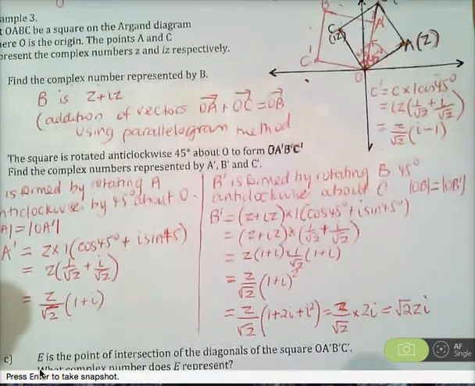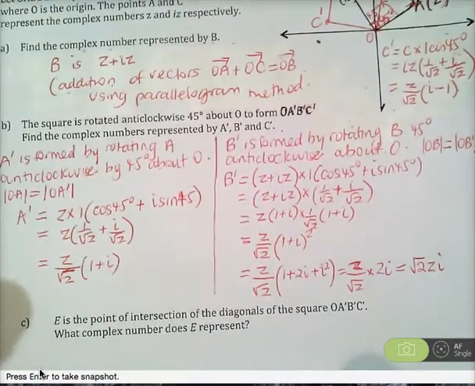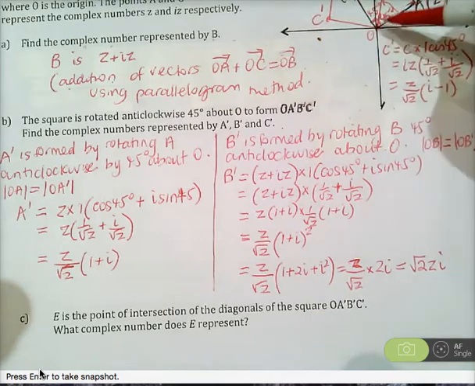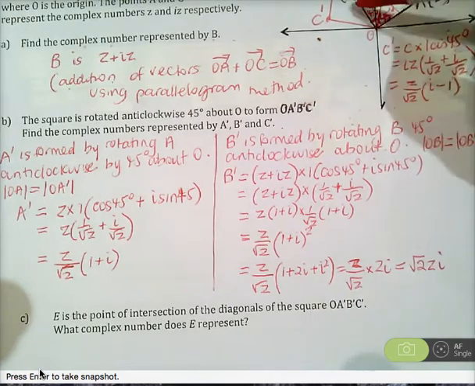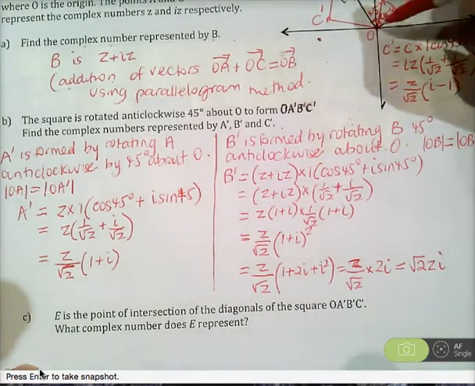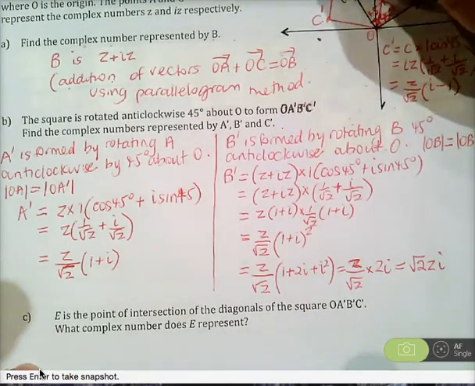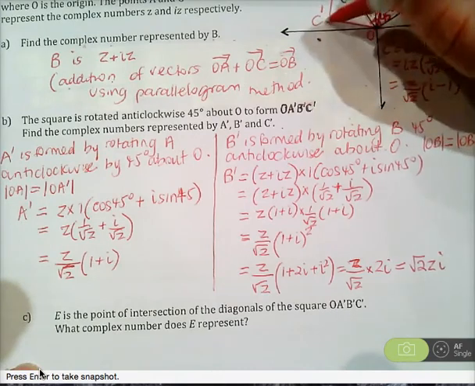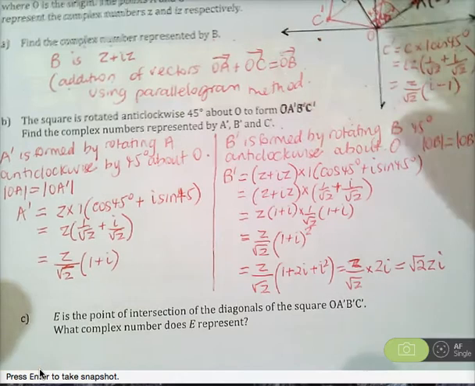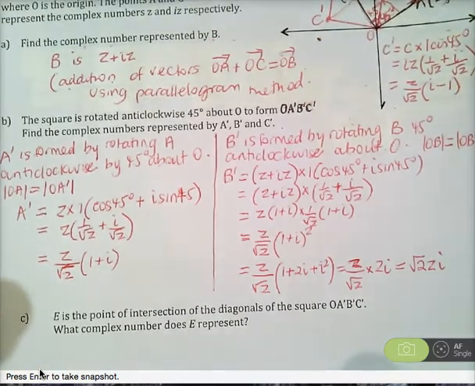Now for the last part of the question, it says that E is the point of intersection of the diagonals of the square O, A dash, B dash, C dash. So if we draw the diagonals of a square, we know the properties of a square: diagonals bisect each other at right angles.